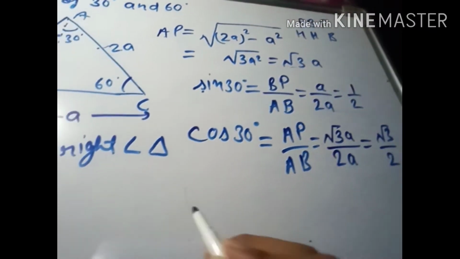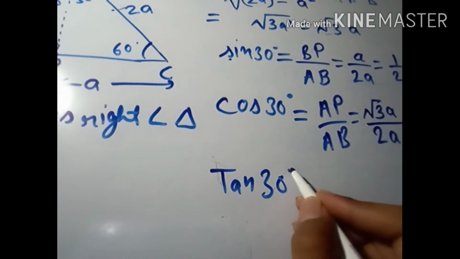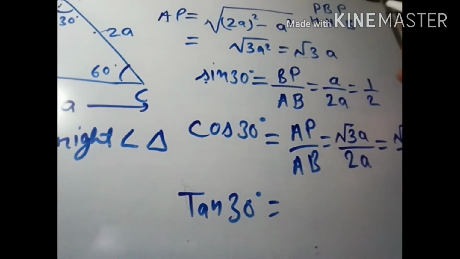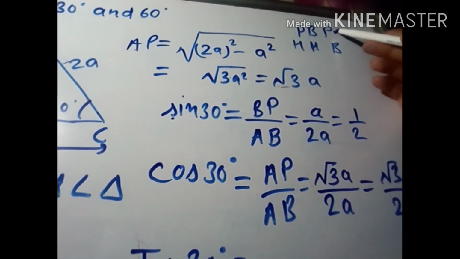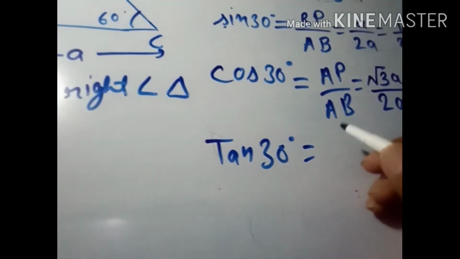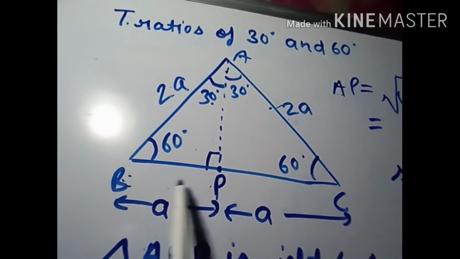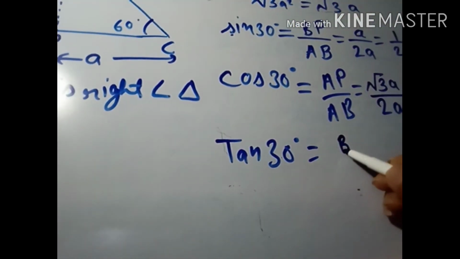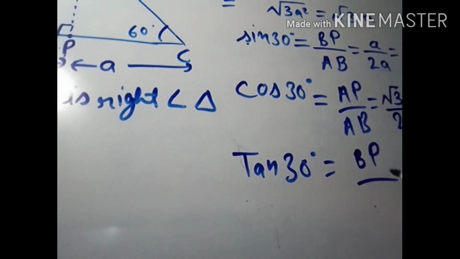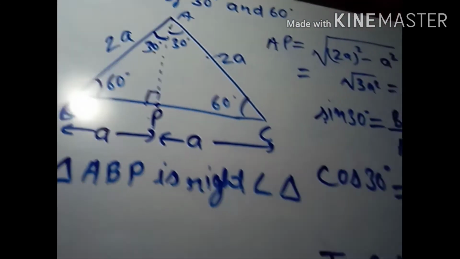Understand? Move to next, tan 30. Now you can tell me, tan 30 will be equal to what? Perpendicular upon base. So let us see. For this angle, what is the perpendicular? BP. Exactly. Perpendicular upon base, so the base will be AP.